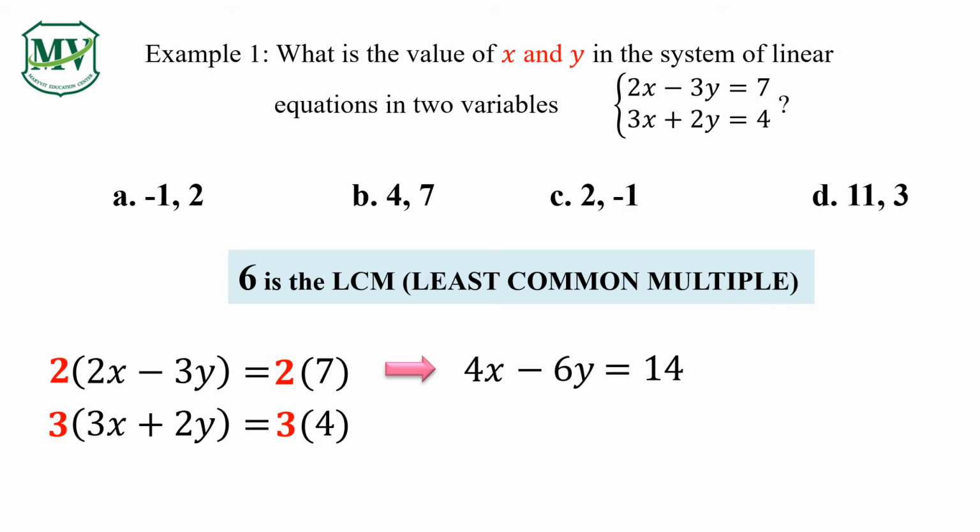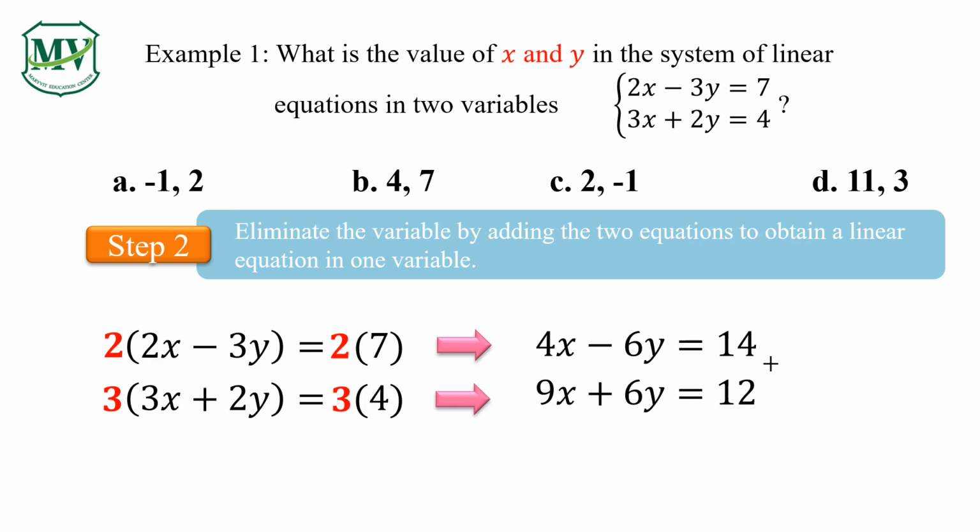Multiply 3 to the entire equation number 2. 3 times 3x is equal to 9x. 3 times 2y is equal to 6y. 3 times 4 is equal to 12. We now have a new equation. 9x plus 6y is equal to 12.